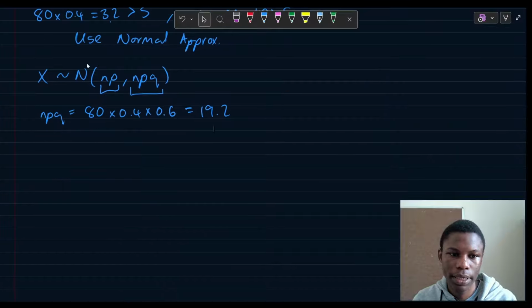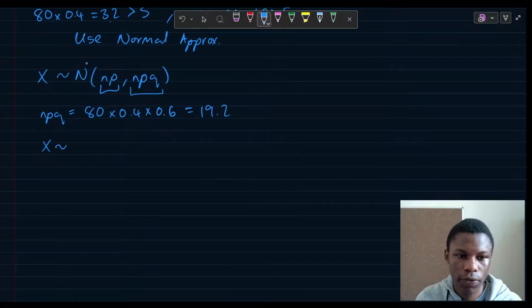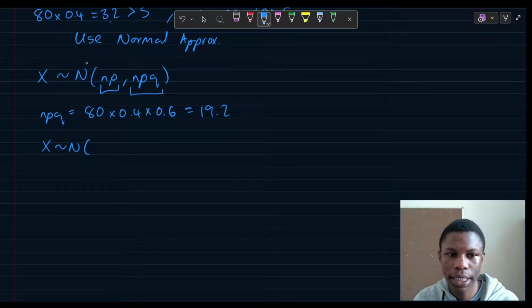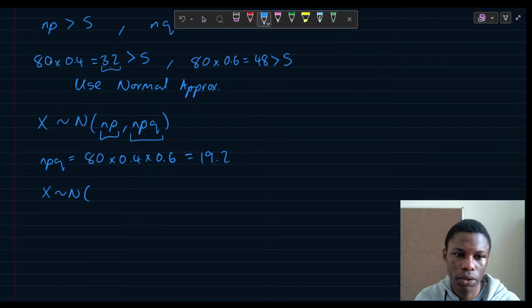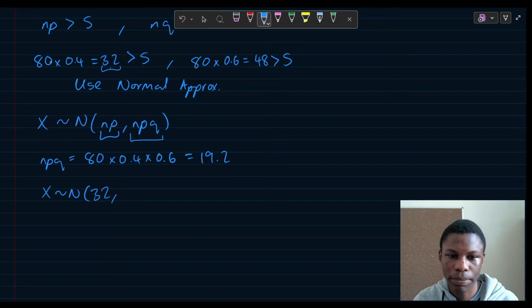And so that means X follows a normal distribution, and our np we said that is 32. Our npq, that's 19.2.